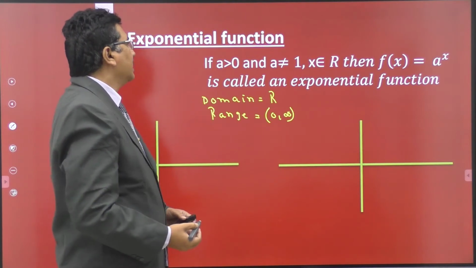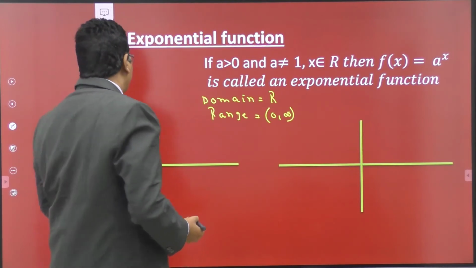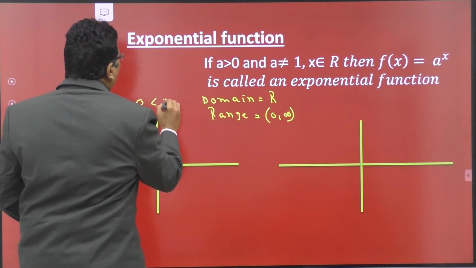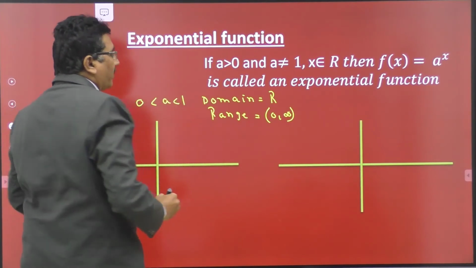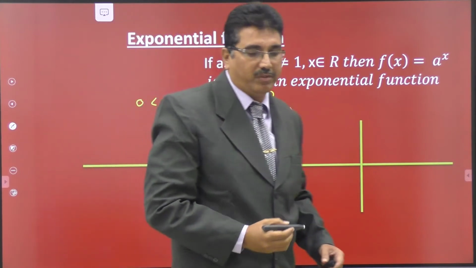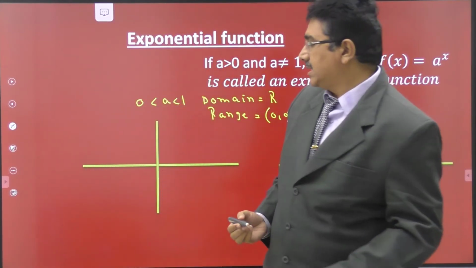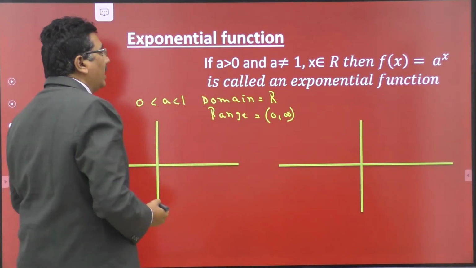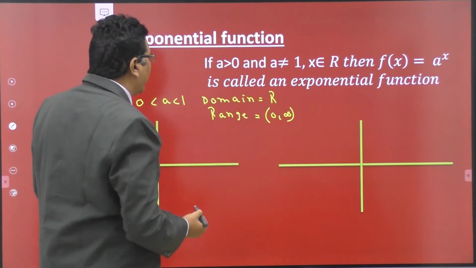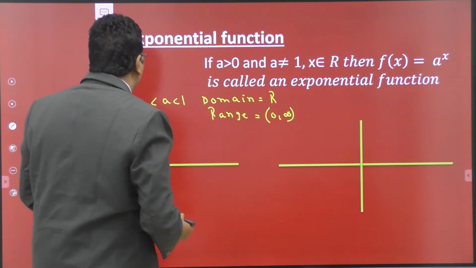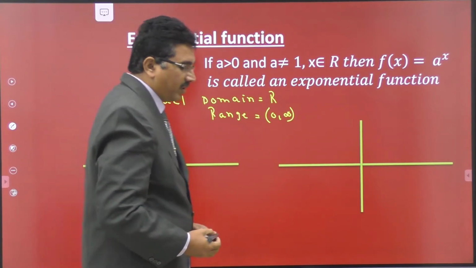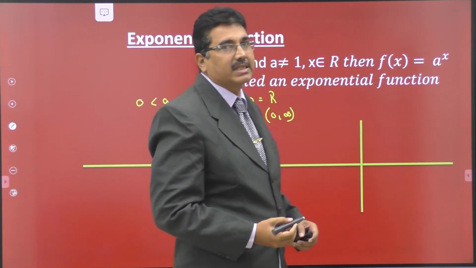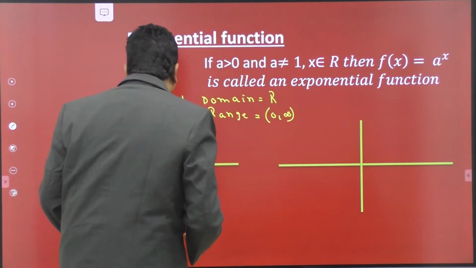Case one is a lies between 0 and 1. Now, what is the shape of the graph in this case? Here a lies between 0 and 1, f of x equal to a power x. As x tends to minus infinity, f of x tends to infinity.